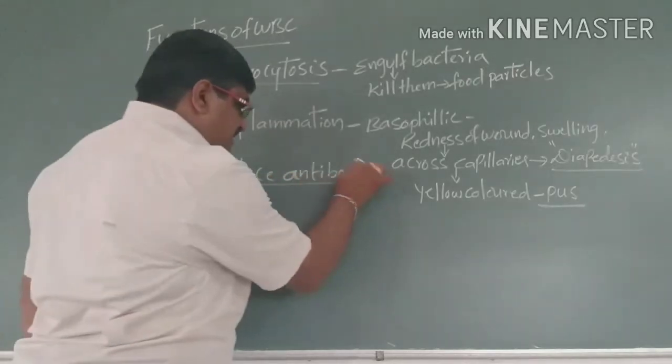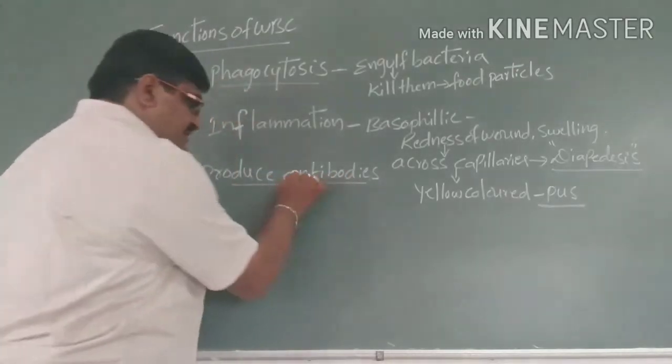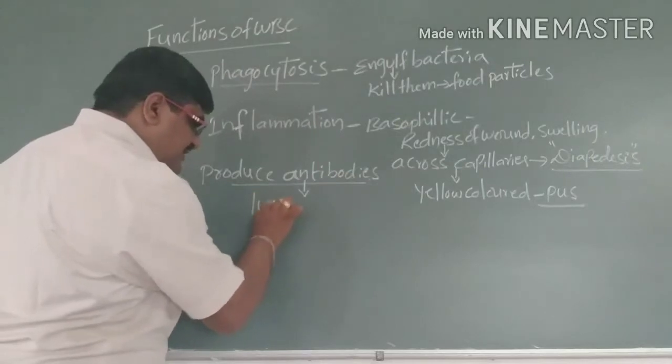The last one is the producing of antibodies. These antibodies are produced by the lymphocytes.